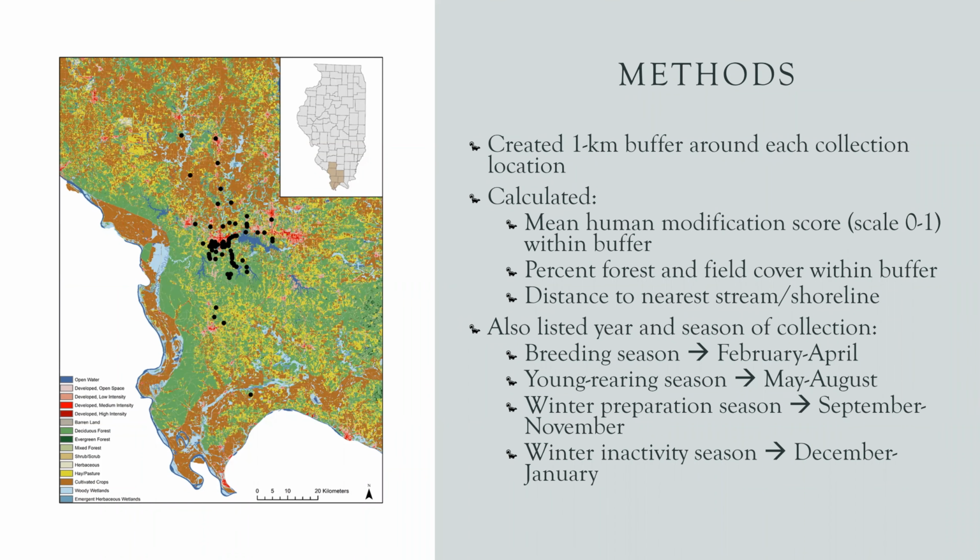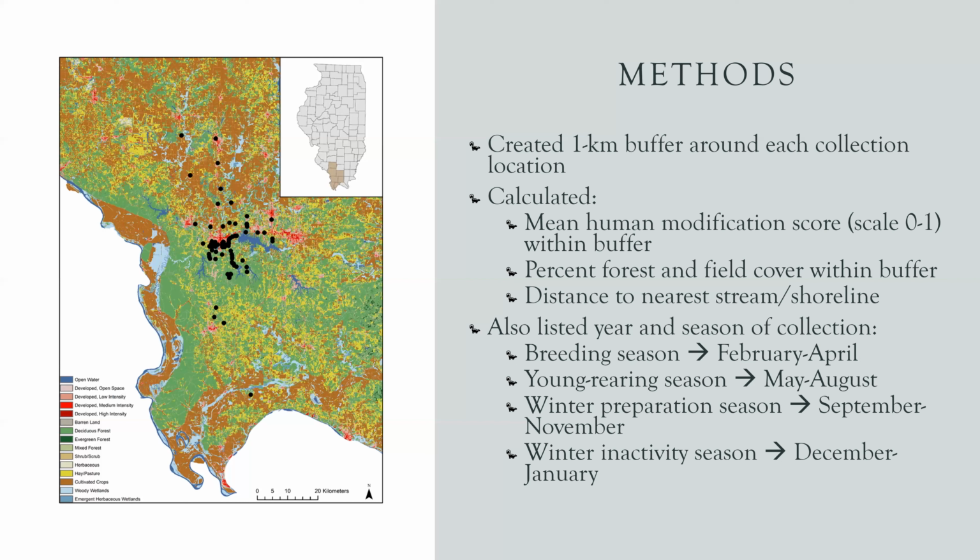But then I also incorporated a spatial and temporal component to these analyses as well. So I again created a 1 kilometer buffer around each collection location to approximate a striped skunk home range. And then I calculated the mean human modification score, that same layer that we looked at earlier, on a scale of 0 to 1 within that buffer. And then I also calculated the percentage forest and field cover within that buffer.